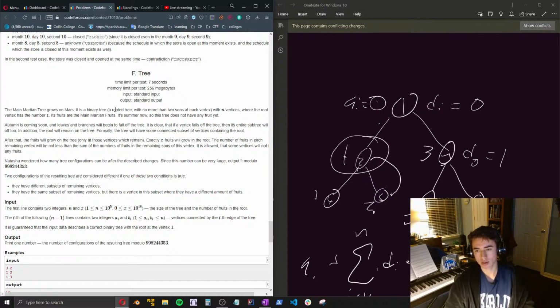So we thought a decent amount about when we have a static tree, how many ways are there to put the fruits.